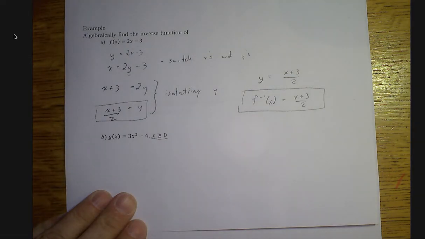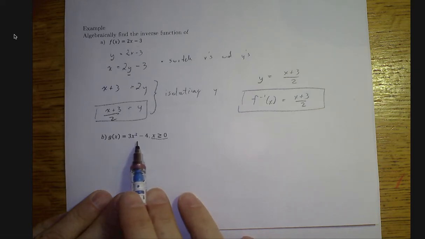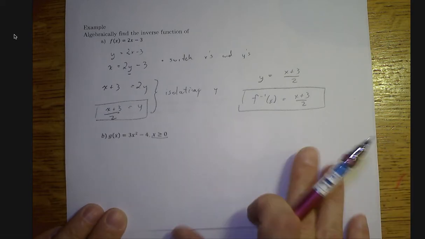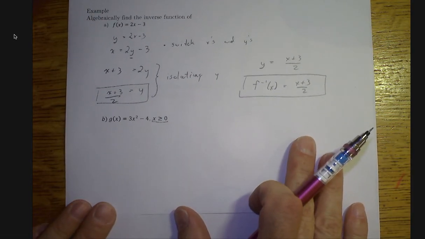In other words, I'm just getting one arm of a parabola. The vertex of this parabola is -4 to infinity. I digress. Let's go. I'm going to algebraically find this.